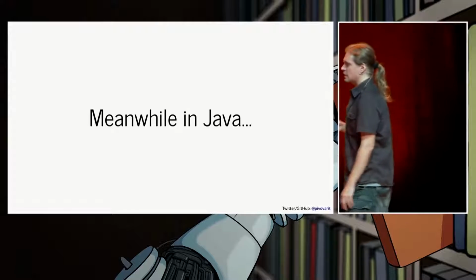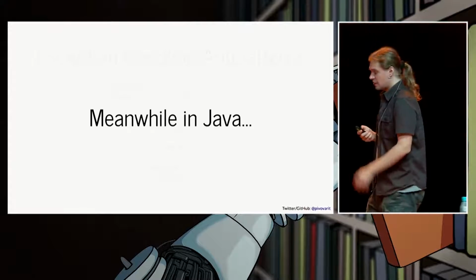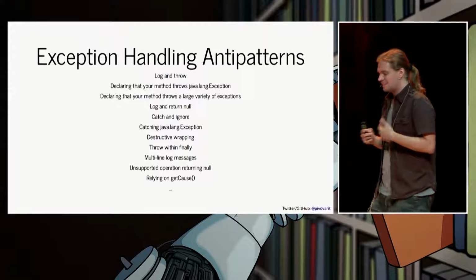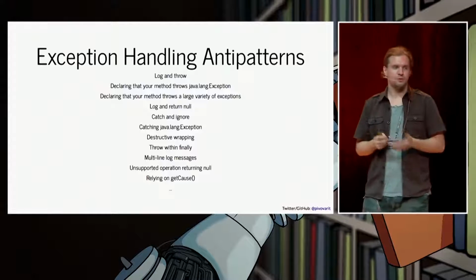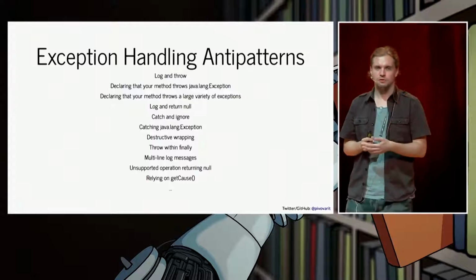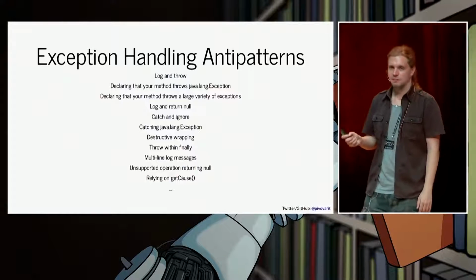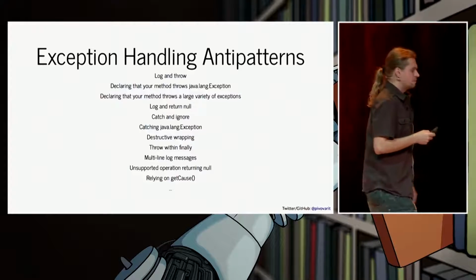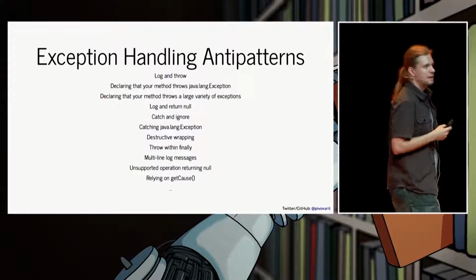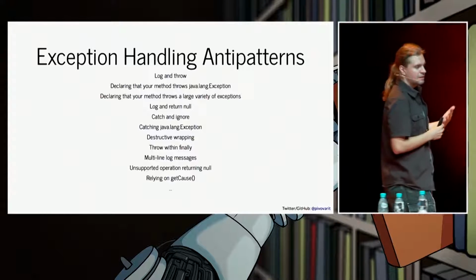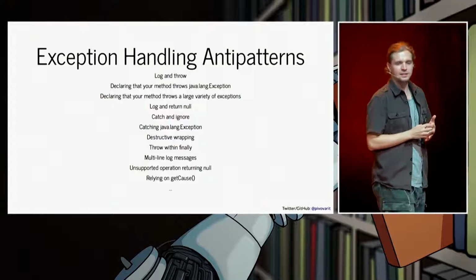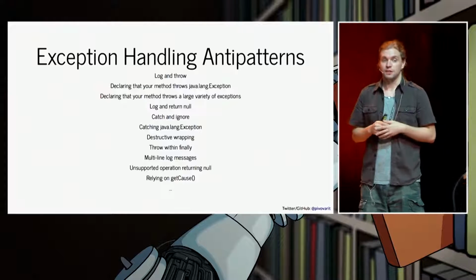But meanwhile, what's happening in Java? In Java, it turns out we start identifying so many possible bad practices related to exception handling. And now it's not the point to just go through all of them and start bashing Java. But it's important to realize that there are so many bad practices and anti-patterns identified so far.